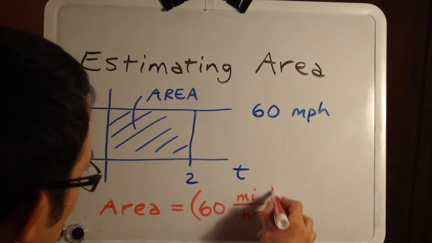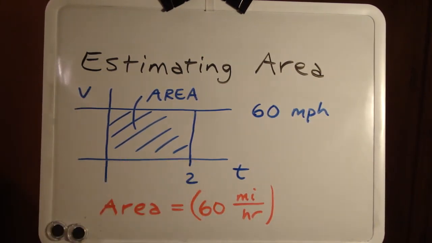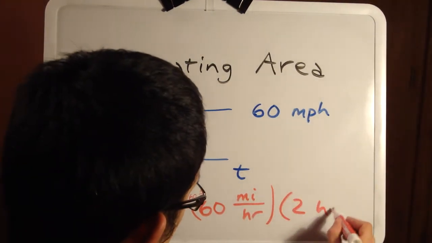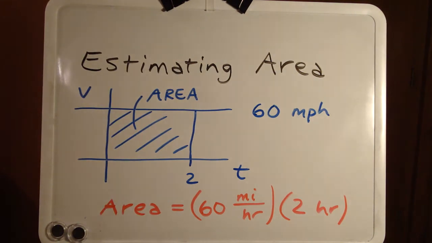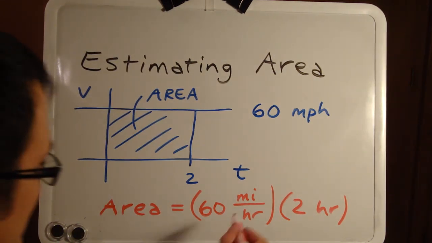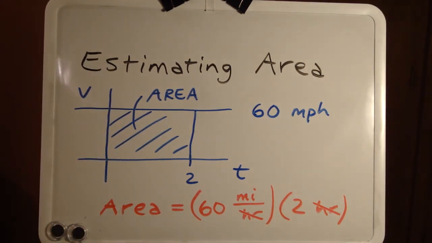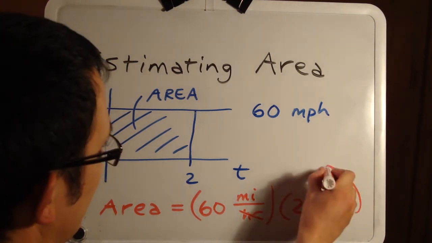So we take this number and multiply by the width of the rectangle, and this would be 2 hours. So what we get out of this is, you could see when you multiply these two numbers, the time unit is gone, and you end up with displacement. 2 times 60, right, is 120 miles.